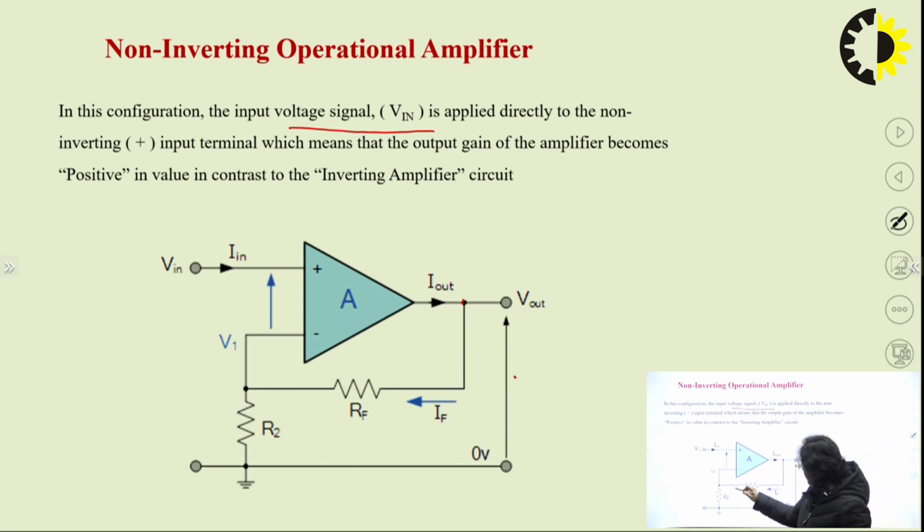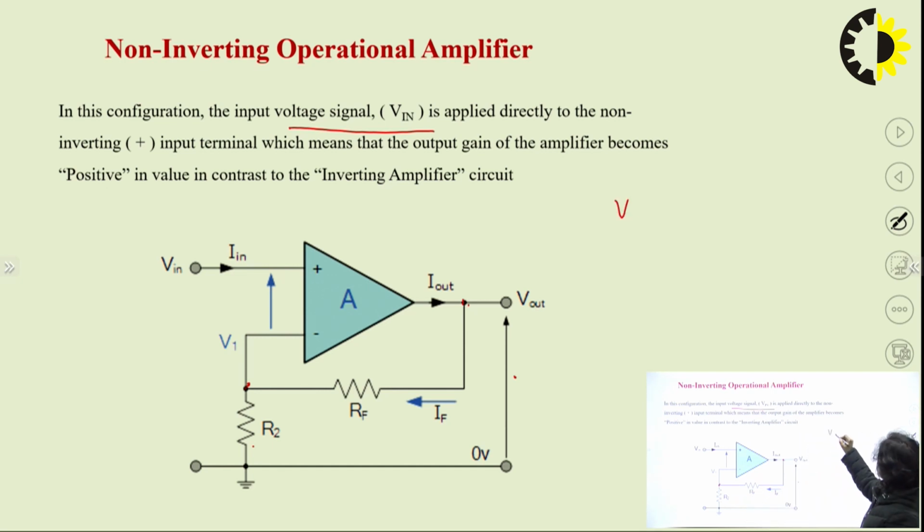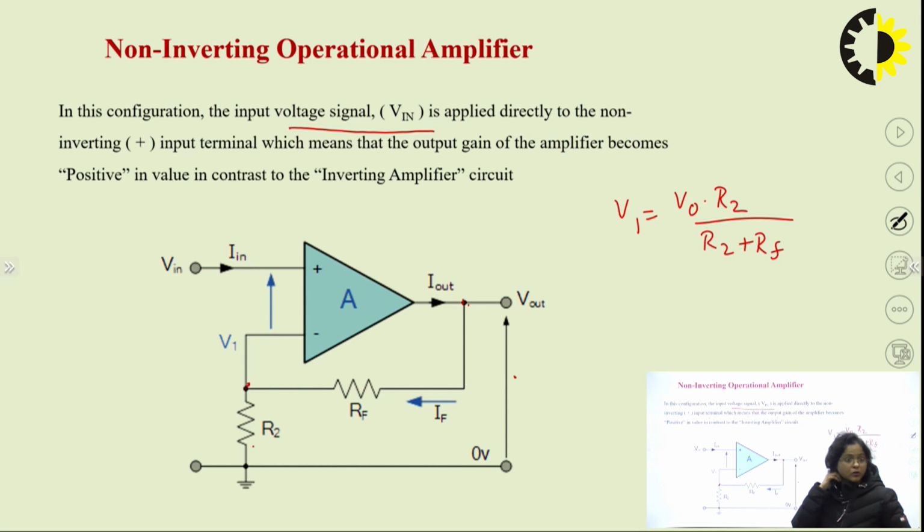From the voltage divider, we can see here that this voltage V1 is equal to V0 into R2/(R2 plus Rf). And from the concept of virtual ground, since the input resistance is very high, both the terminals are at the same voltage.